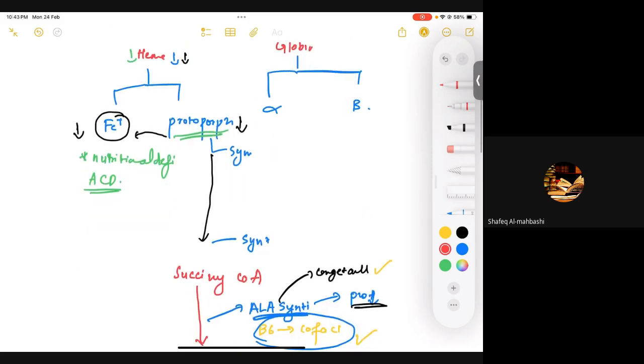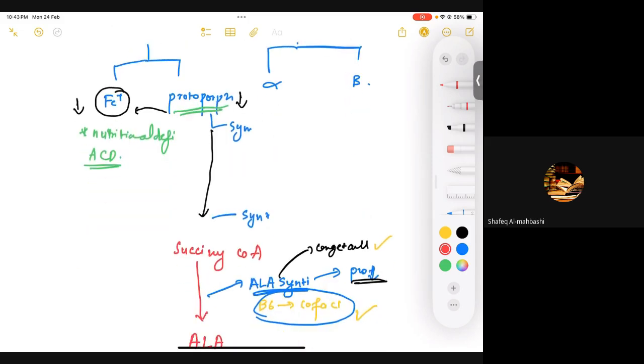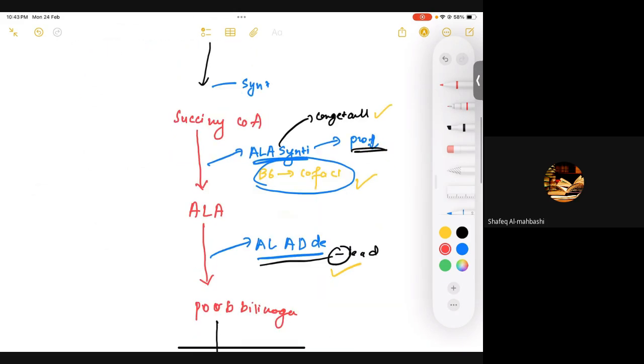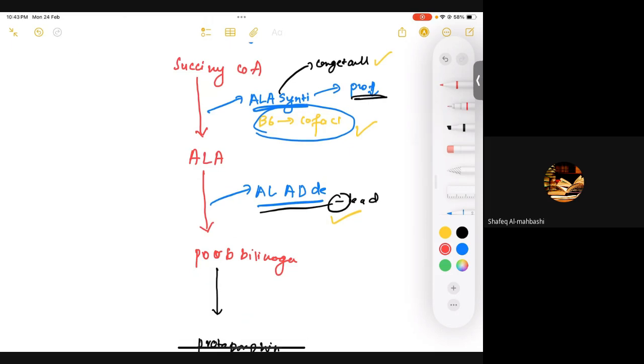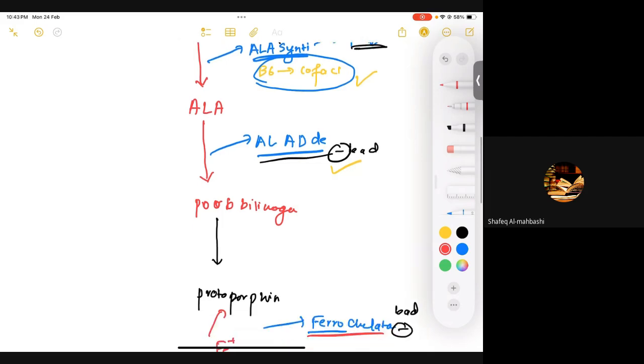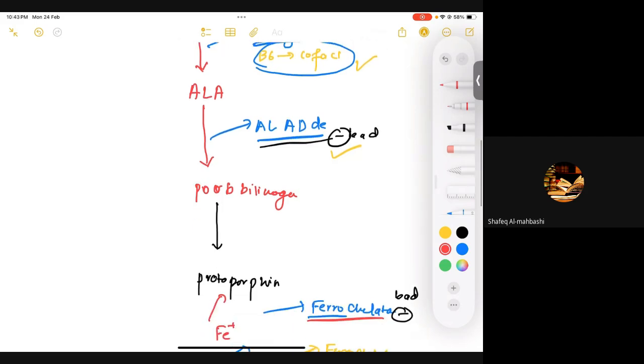So we discussed other causes, but we were just focusing on protoporphyrin, right? We just discussed the relation of how it could lead to microcytic anemia, right? So the first point which we discussed is succinyl-CoA is going to be converted into ALA, aminolevulinic acid, by an enzyme, ALA synthase, with a B6 cofactor, right? Then we discussed another enzyme, ALAD, that is, dehydratase, right?